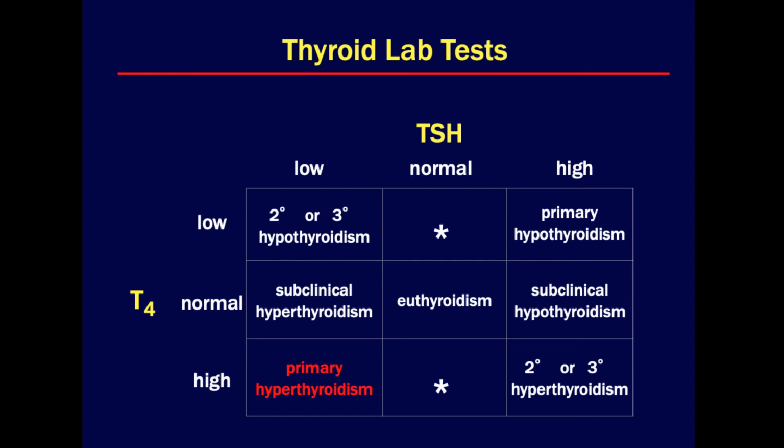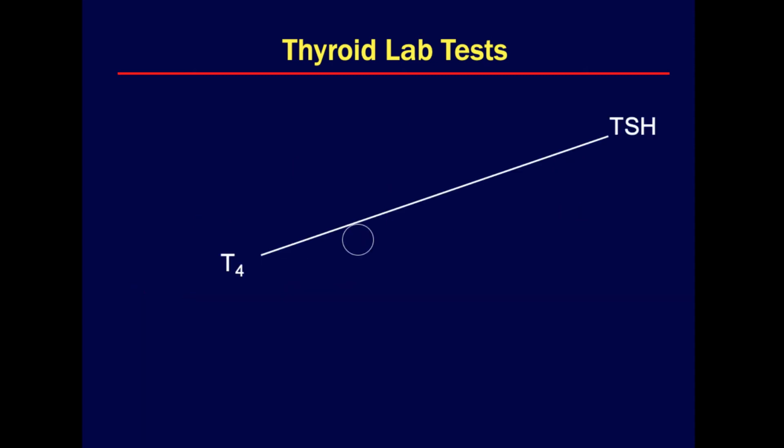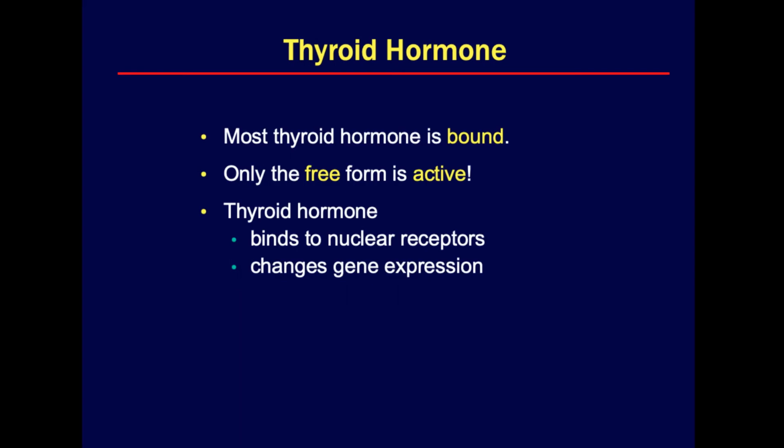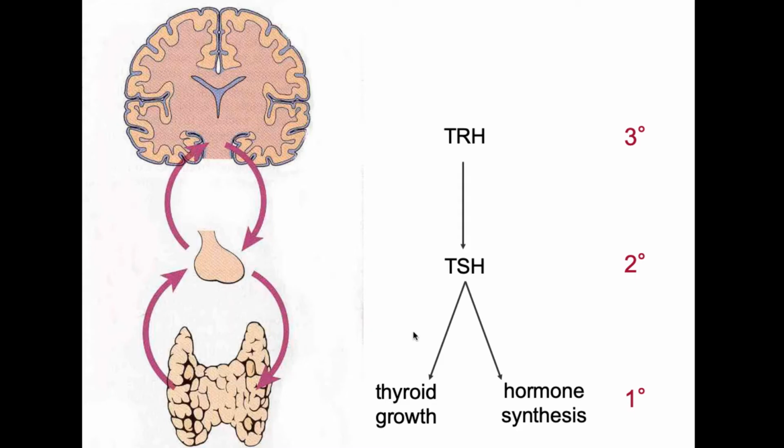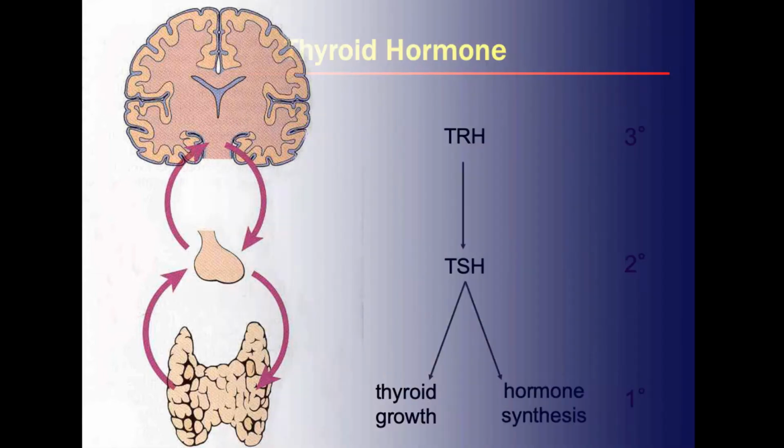And primary means, and let's go back to this picture. Remember, primary means something's happening at the thyroid gland itself. Secondary at the pituitary, tertiary at the hypothalamus.